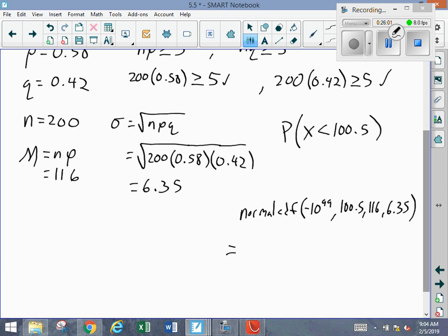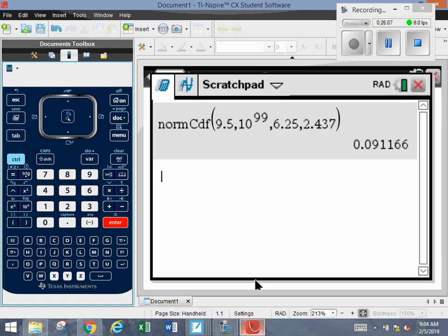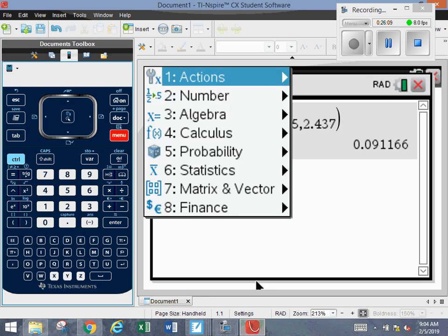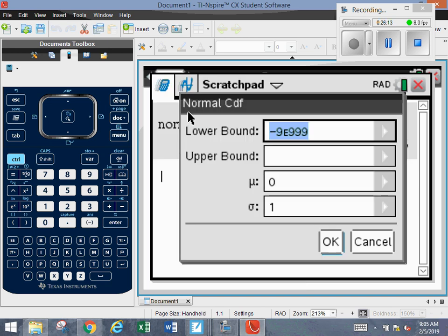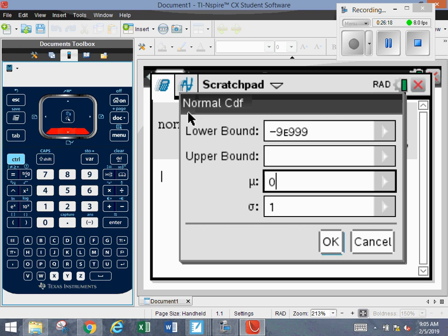Let's put that into our calculators. All right, menu, probability, distributions, normal CDF. That lower bound will work, right? The upper bound we said was 100.5.